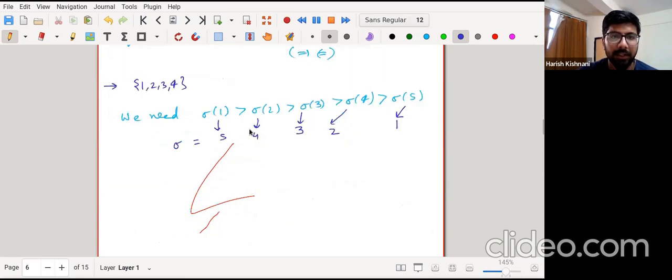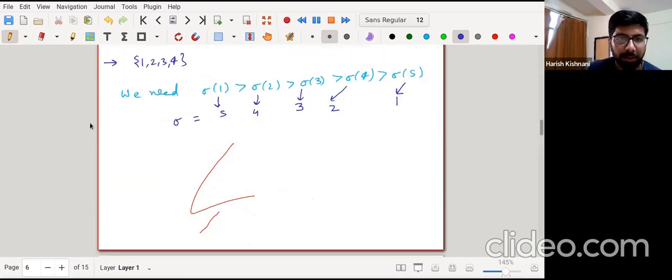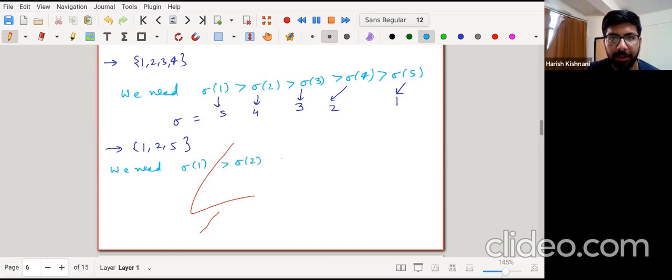Now let's see what is true for 1, 2, and 5. So we need simply sigma of 1 to be greater than sigma of 2, greater than sigma of 3.